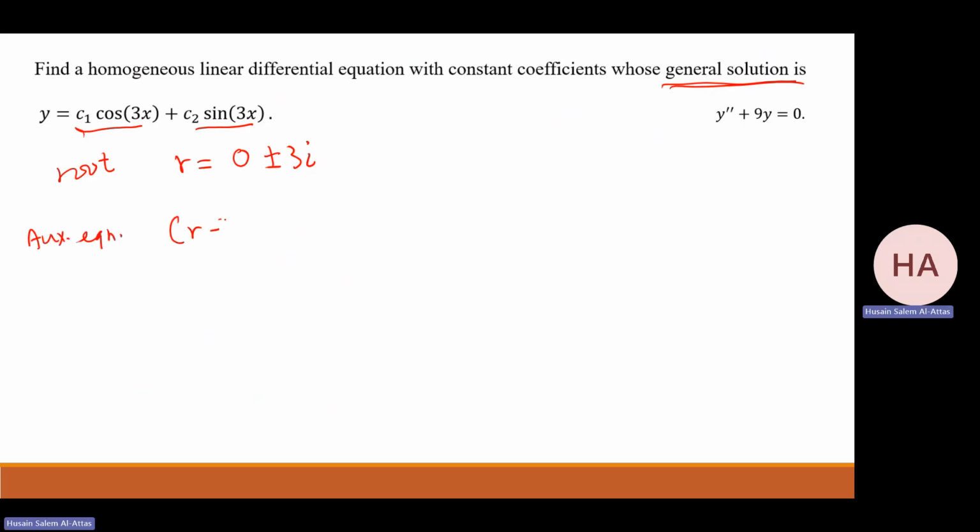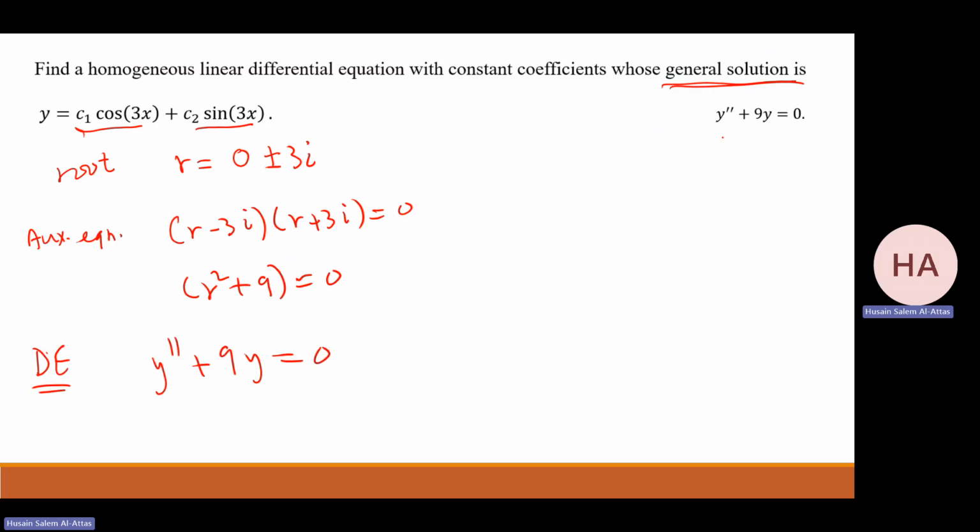It will be r minus 3i, r plus 3i, or I can use the formula right away, which is r squared plus 9 equals 0. The differential equation then becomes y double prime plus 9y equals 0, which is this.